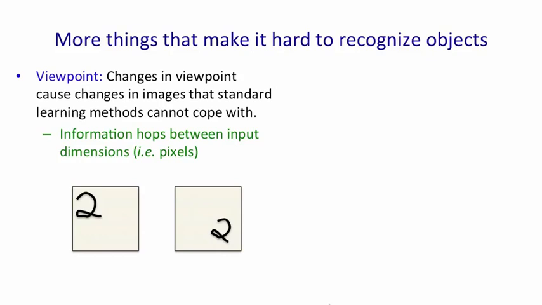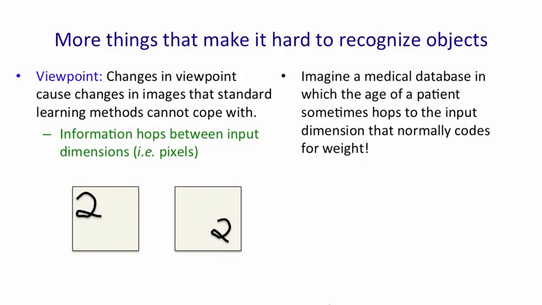Just to stress that point, suppose we had a medical database in which one of the inputs is the age of a patient and another input is the weight of the patient. And we start doing machine learning, and then we realize that some coder has actually changed which input dimension is coding which property. So for one of the coders, they've put weight where they should have put age, and they put age where they should have put weight.